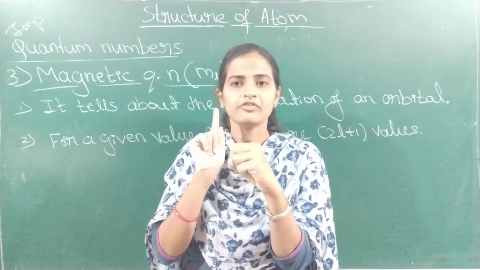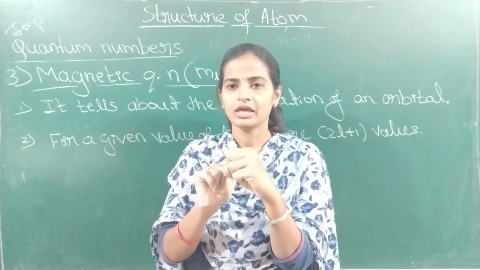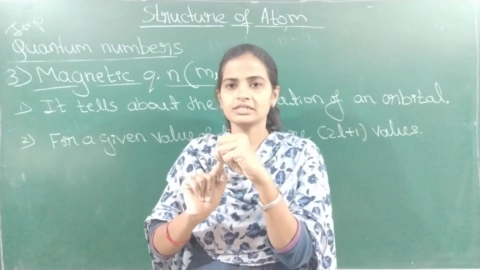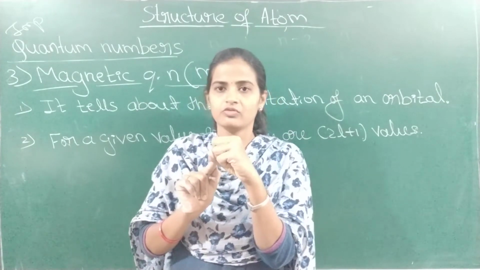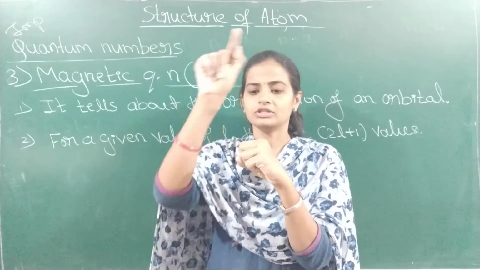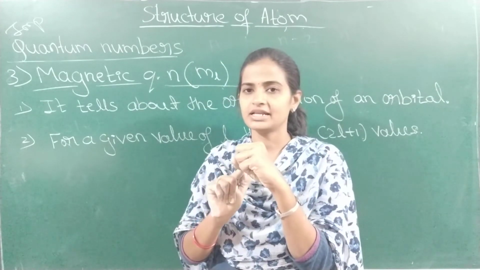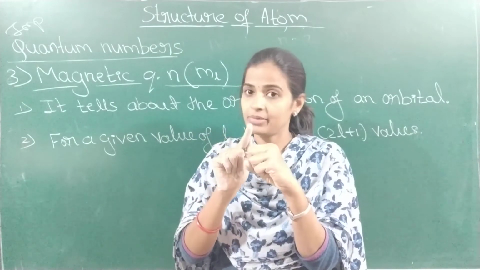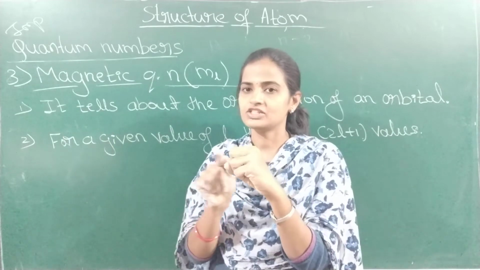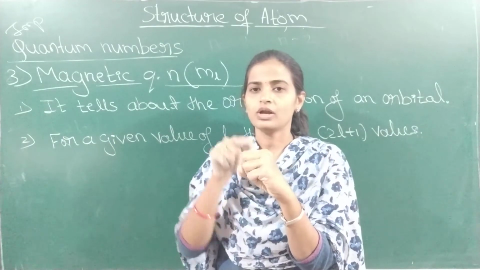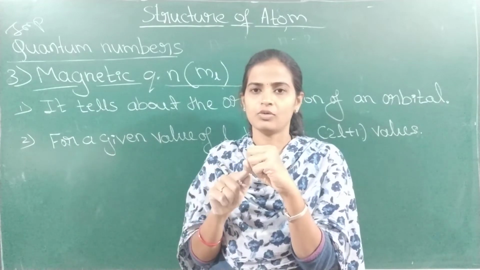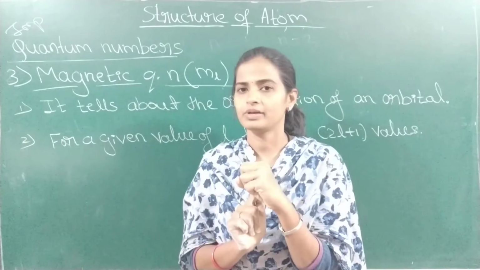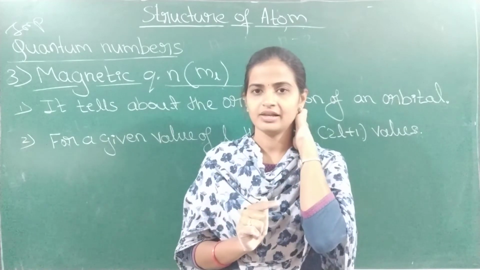Okay, if we consider this much space around the nucleus, and we find the probability of finding the electron in this much space, we say that it is the px orbital. Okay, consider the dumbbell shape itself. If I consider this much shape of the orbital, it is what? It is py, and that one is px orbital. If in this much of space we are finding an electron, it is called pz orbital.